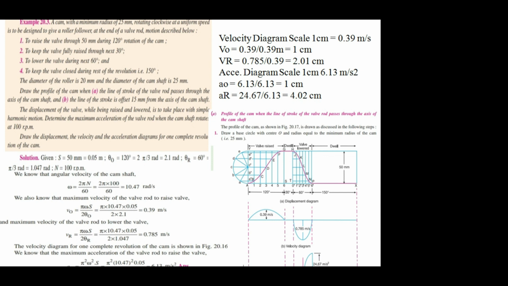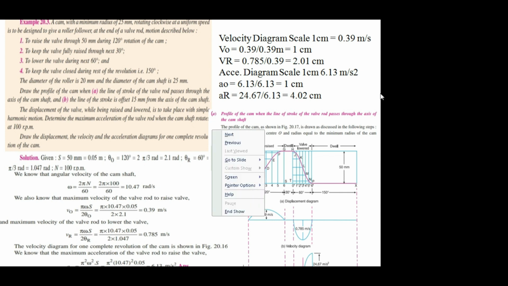Mark 1 point at 4.02 centimeter here and here. Passing through these 3 points, draw the curve for the acceleration diagram of the follower during the return stroke. So this is the acceleration of the follower when the follower moves with simple harmonic motion.